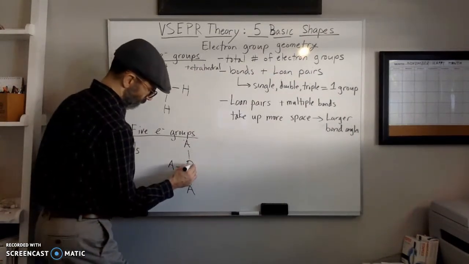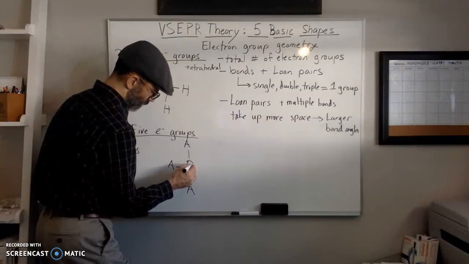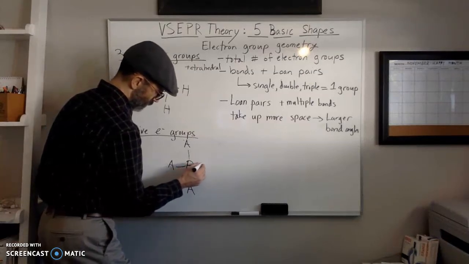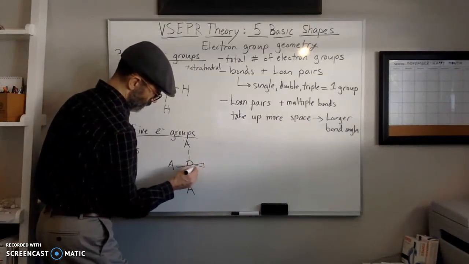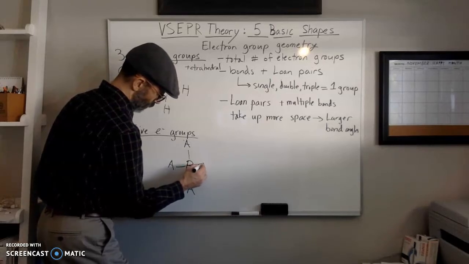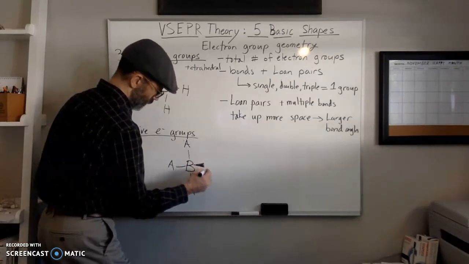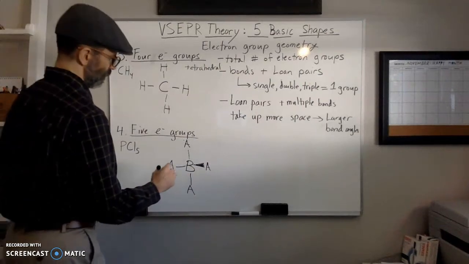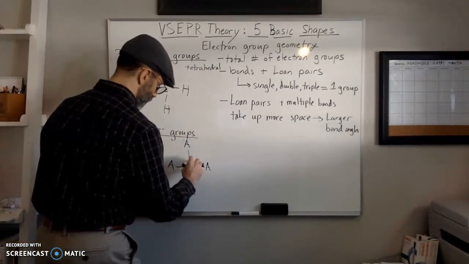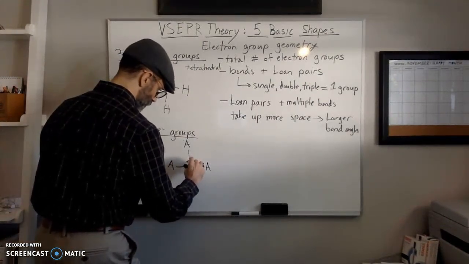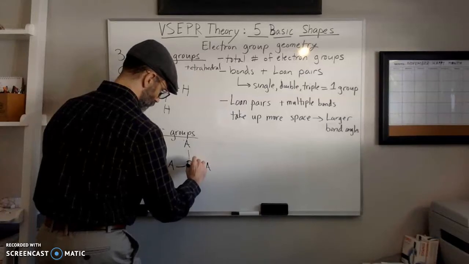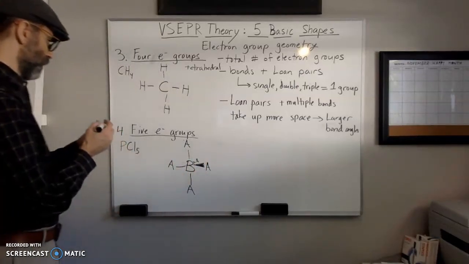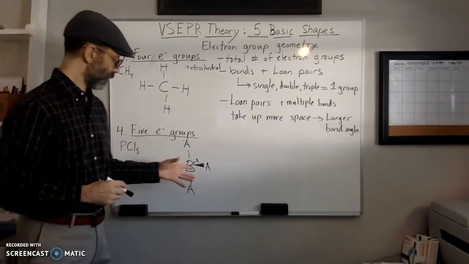So the straight line is in the plane of the board. And then what I'm going to have is I'm going to have a solid wedge coming out of the board. So here's my solid wedge. So I'm going to have an A here. Then I'm going to have another hashed wedge. And that's going into the board.